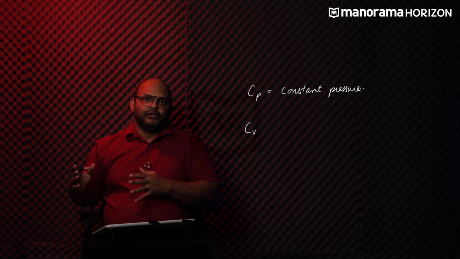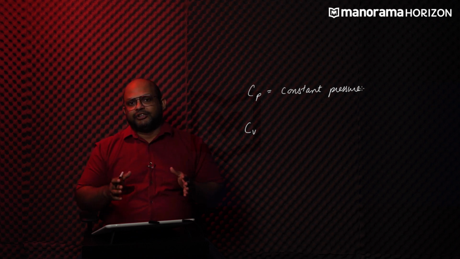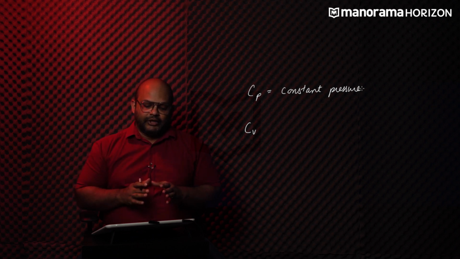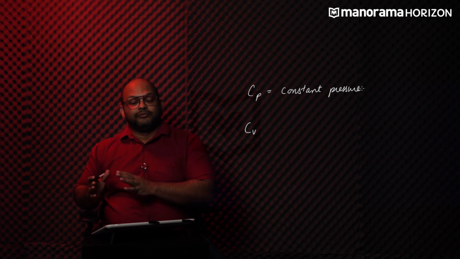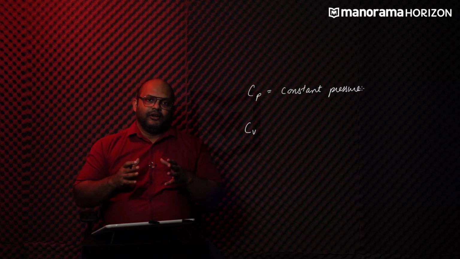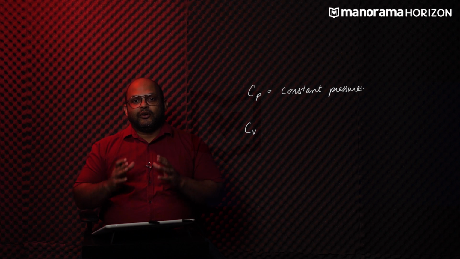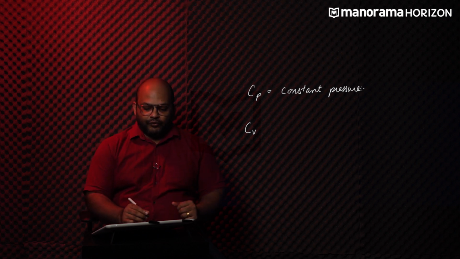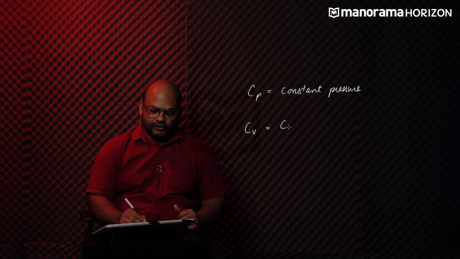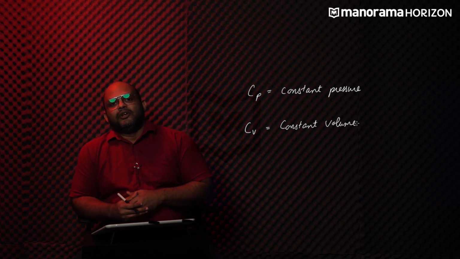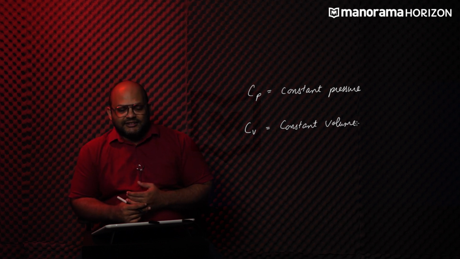So that change in volume at constant pressure is accounted for in the calculation of the specific heat, or the molar specific heat, of a gas at constant pressure. On the other hand, we can also calculate this value for constant volume. So we have Cv, that is the molar specific heat for the gas at constant volume. We will understand and work with these two values in more detail in later sessions.